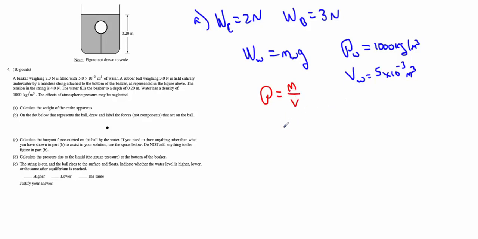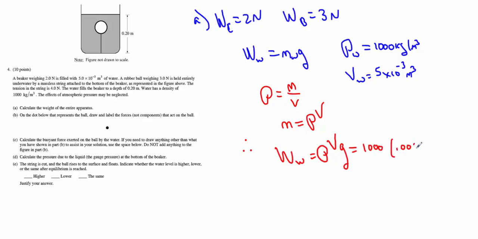And the mass of the water is density times the volume. Therefore, the weight of the water is the density of the water times the volume of the water times the acceleration due to gravity. So it's simply going to be 1,000 times 0.005 or 5 times 10 to the negative 3 times 10.